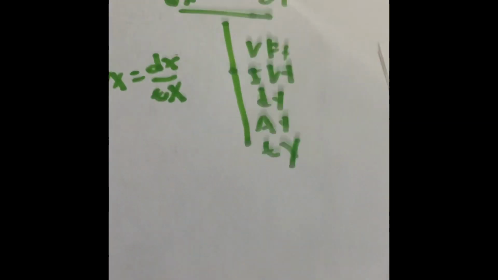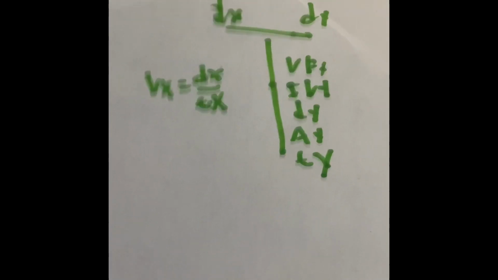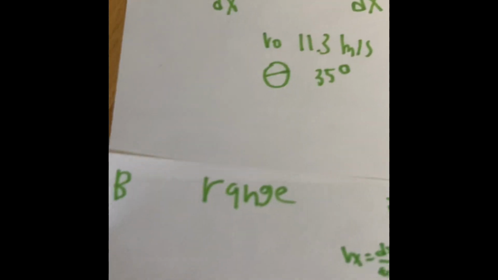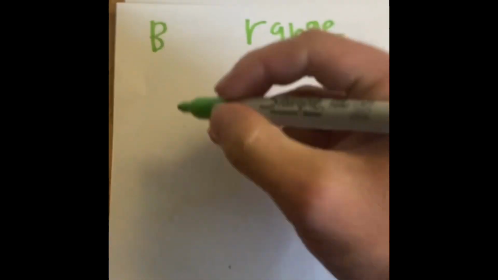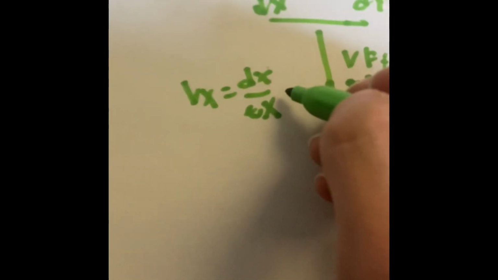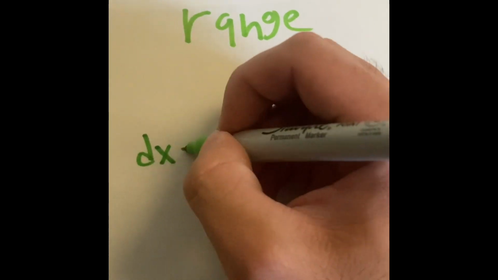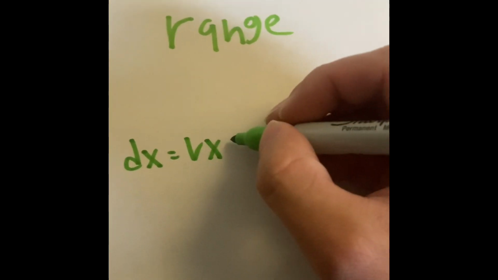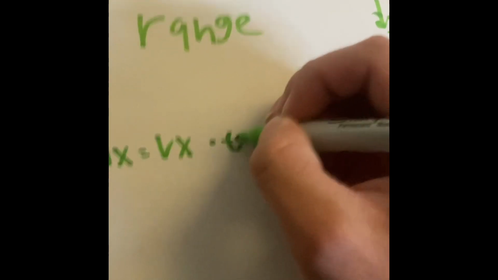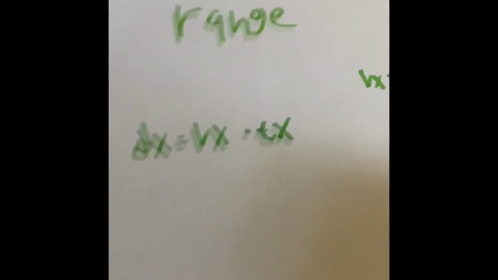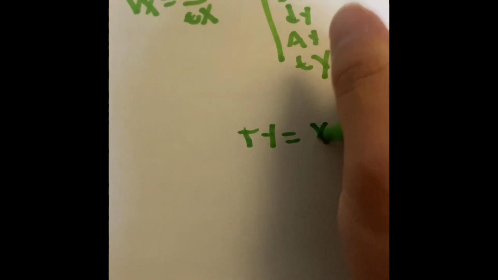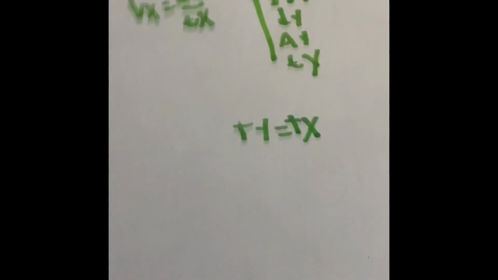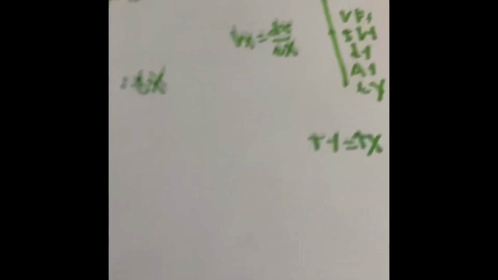But we don't care about dy, we care about dx, because we're trying to see how far horizontally the soccer ball goes before it hits the ground. To get dx alone, we rearrange the equation: dx equals vx multiplied by tx. Just so you know, your ty and your tx are the same because you're using the same time in seconds in the same experiment.